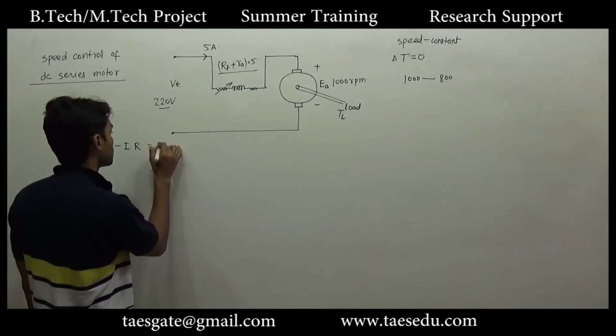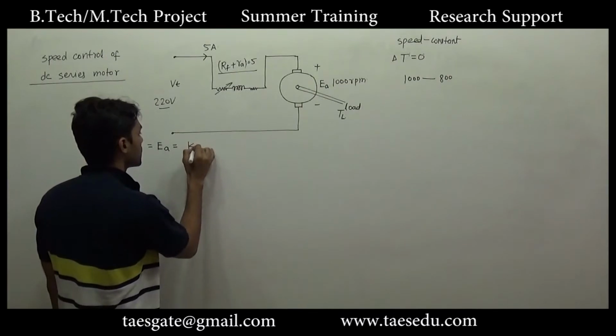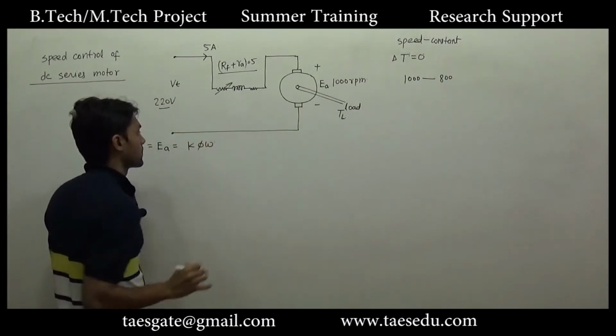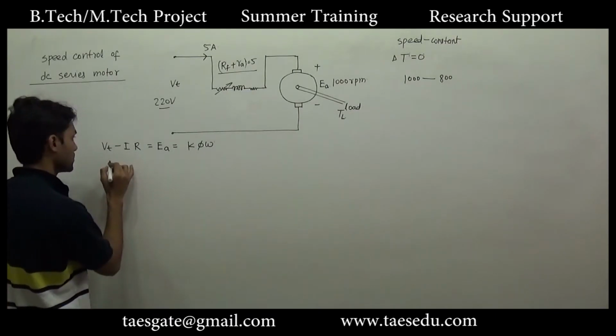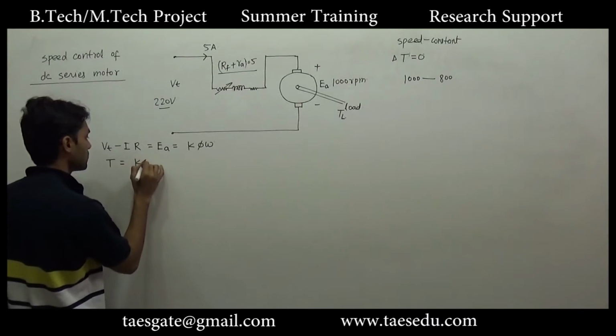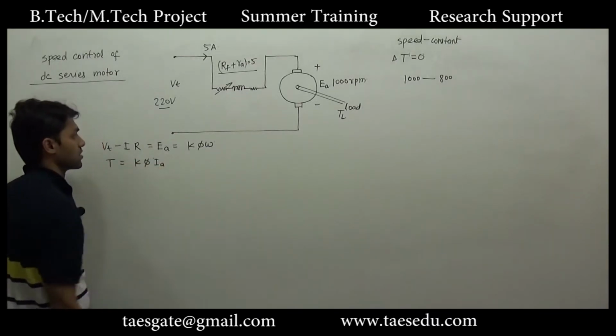This is equal to the armature voltage, which equals K phi into omega. This is the voltage equation, and the other equation is T equal to K phi into armature current.